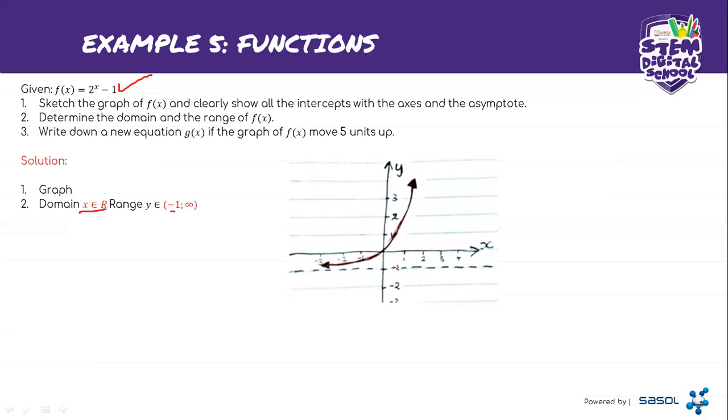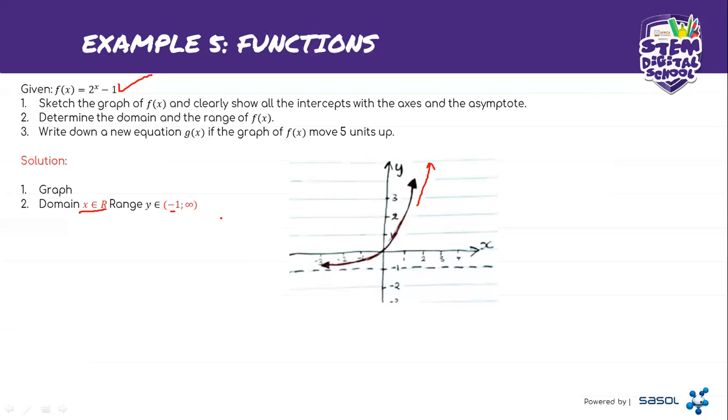But we're going to say -1 to positive infinity. You can see the graph is moving to positive infinity there. And it's very clear, even the type of bracket we used is a round bracket, meaning that -1 is not part of the solution, it's not included, right? So that's how you should determine the range.